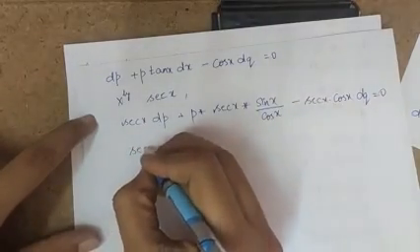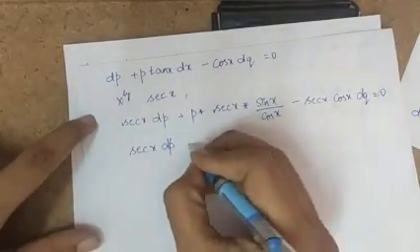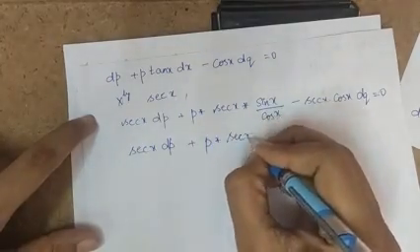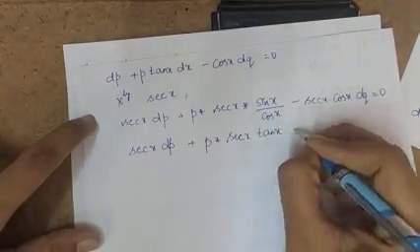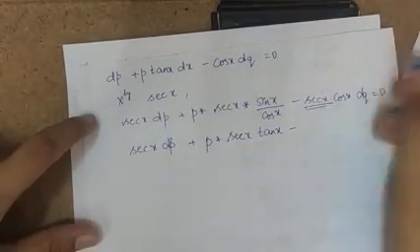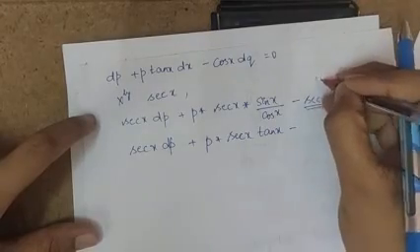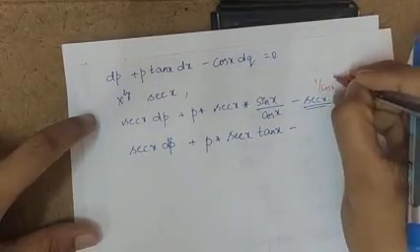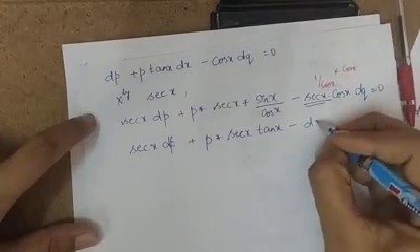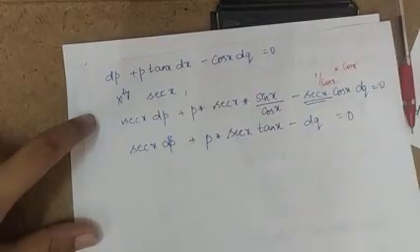So I will retain this secant x dp as it is, plus p into secant x into tan x, minus secant x, which is nothing but 1 by cos x, into cos x. So you will get dq, which is equal to 0.